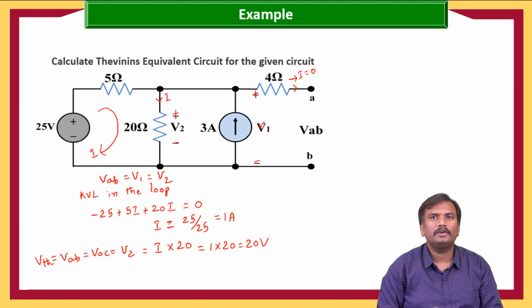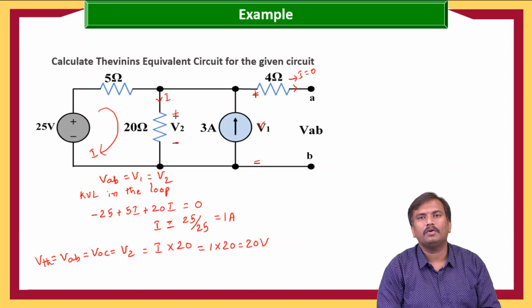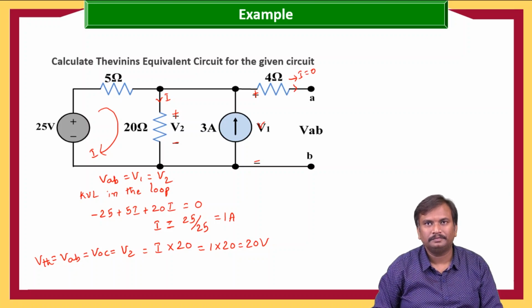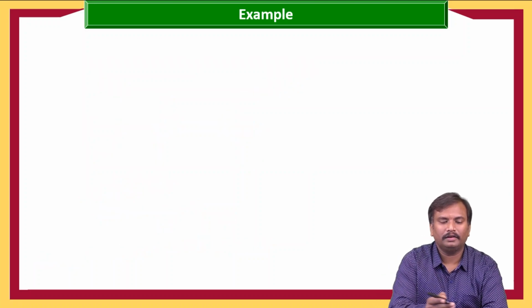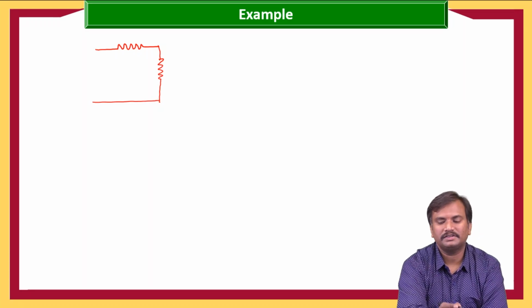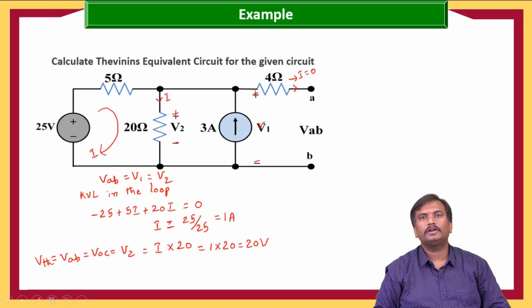Now we need to replace the voltage source with a short circuit and the current source with an open circuit in order to calculate the Thevenin resistance. Initially we have a voltage source.